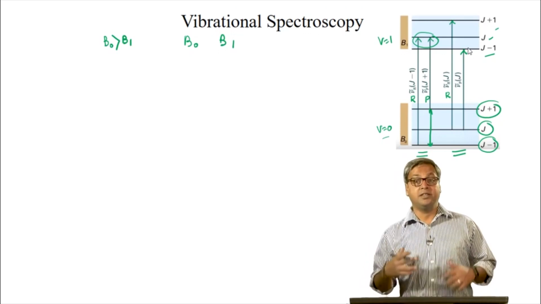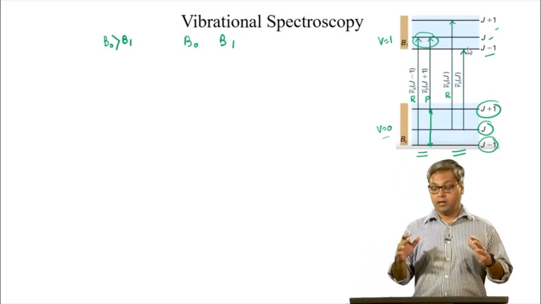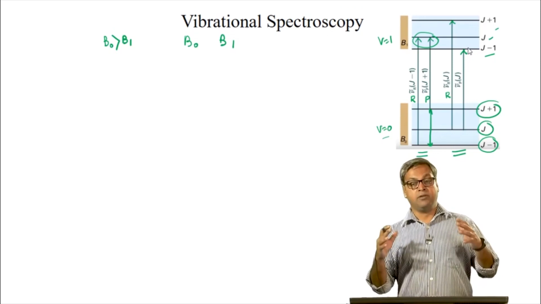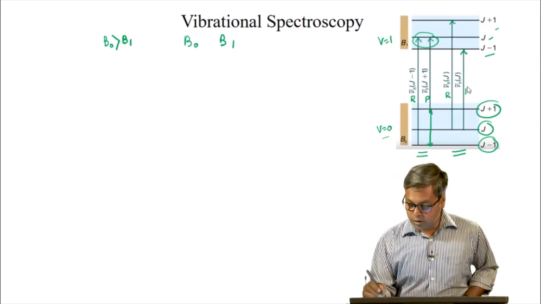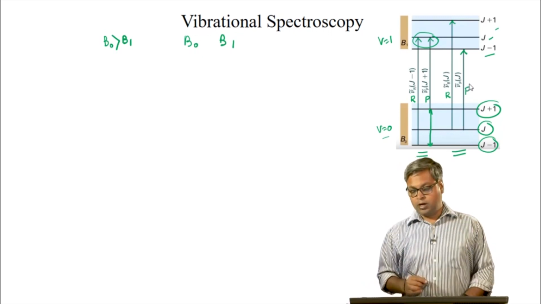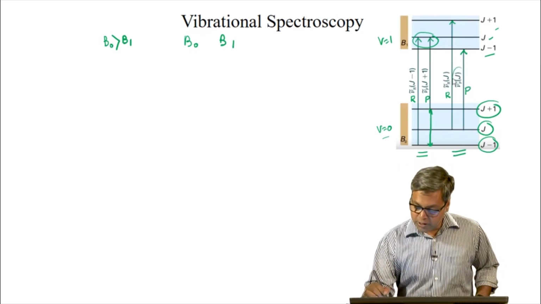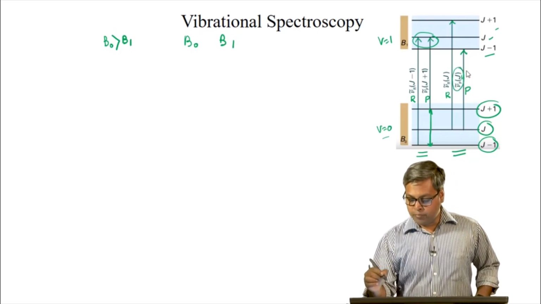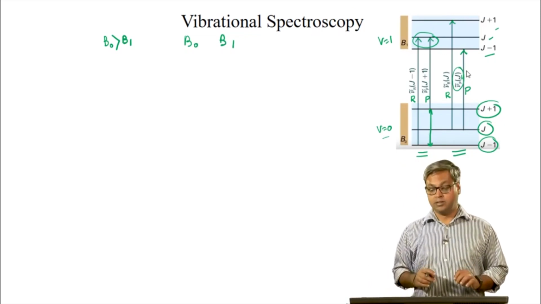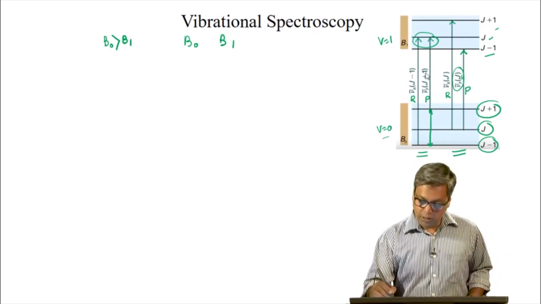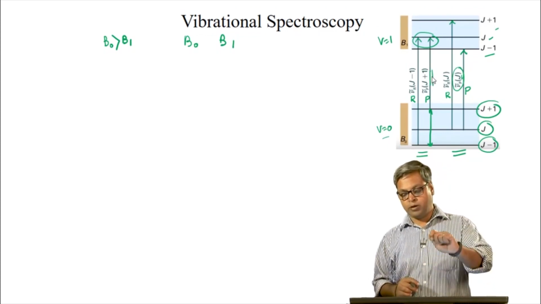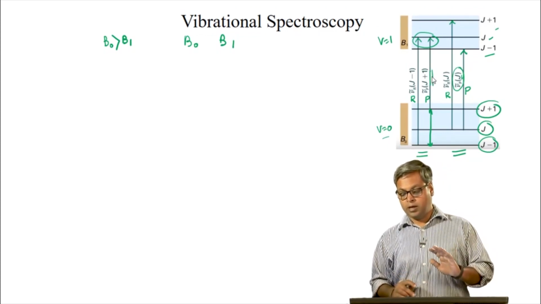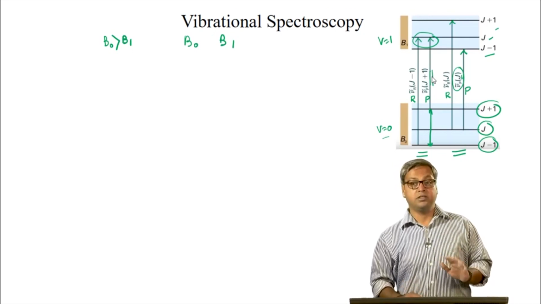As there is a decrease in the value of j in the final state, this is part of the P branch. In this nomenclature, the j in parentheses tells us the initial state. Similarly, the j plus 1 for this P type transition tells us about the initial state.